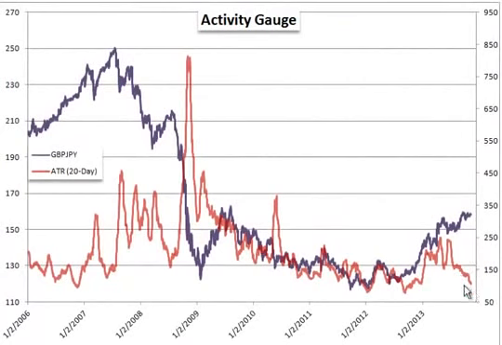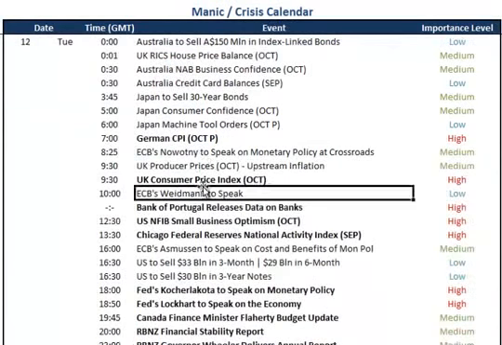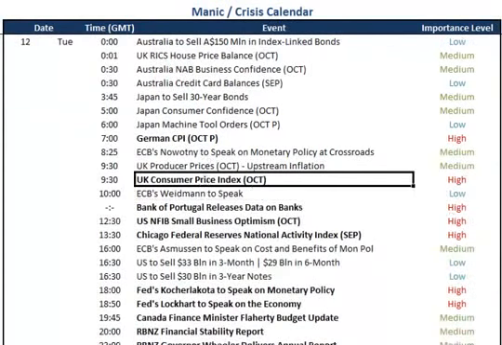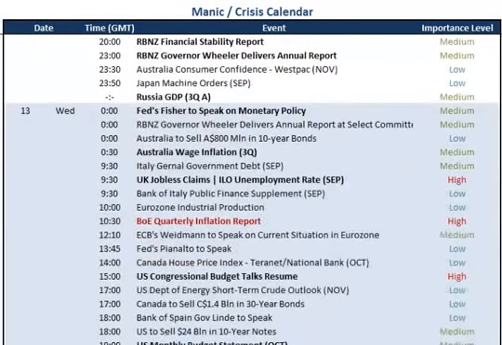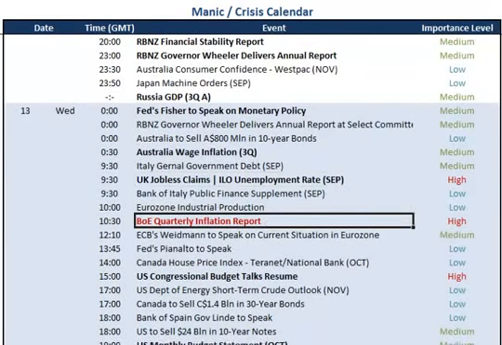This might be too extremely quiet given the conditions that we have in the underlying, and also with event risk. When we look at the economic docket for the UK, we know that event risk is going to pick up, starting with Tuesday's CPI figures, and then really kick in on Wednesday's jobless claims and BOE quarterly inflation report.